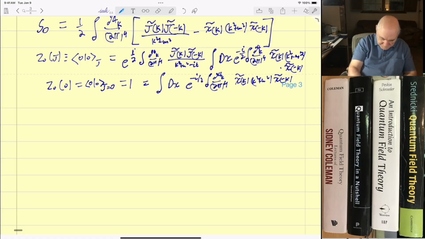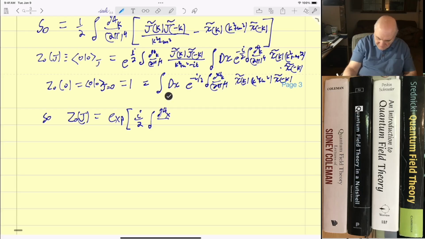So Z0 with the source is just equal to the exponential of i over 2 times the integral of d4k over 2 pi to the 4th of j tilde k j tilde minus k over k squared plus m squared minus i epsilon.